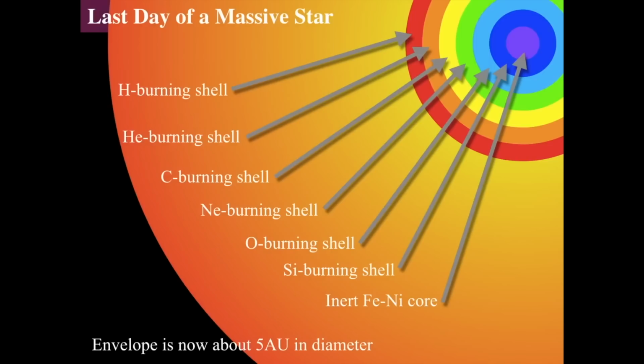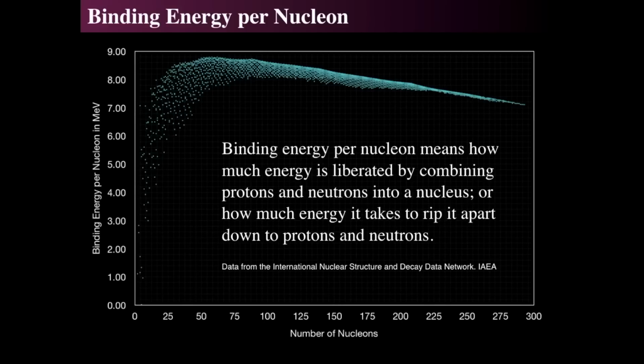The star has expanded out to about 5 astronomical units, almost the orbit of Jupiter or larger. But the core is extraordinarily compact, and that's where all the action is. The outer envelope is primarily hydrogen and helium, but there's practically no mixing between the outer envelope and the inner core.